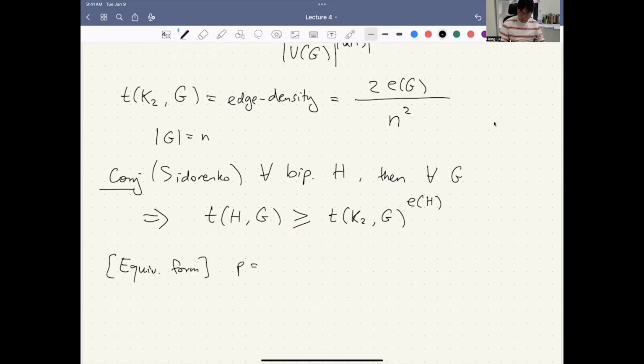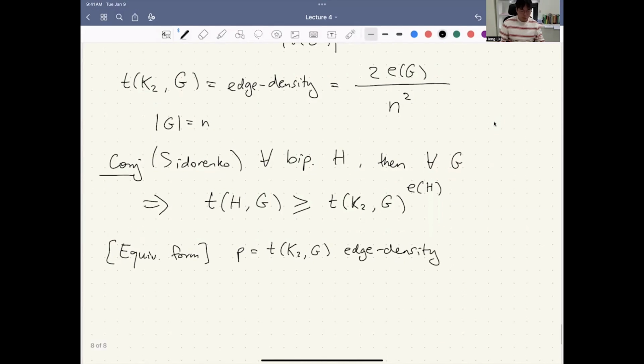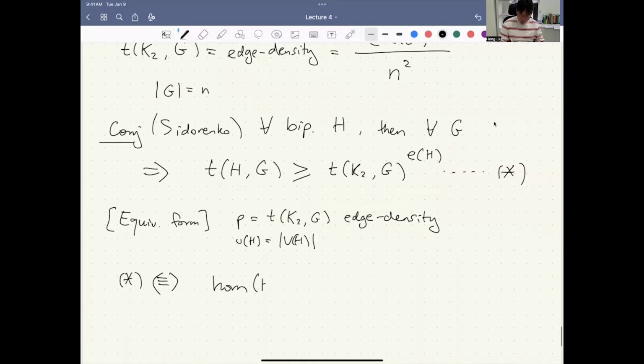Let's write p equal to the edge density of the host graph, and let's write v(H) to be the number of vertices in H. Okay, then this is equivalent to the number of homomorphisms from H to G being at least n to the v(H) times p to the e(H).